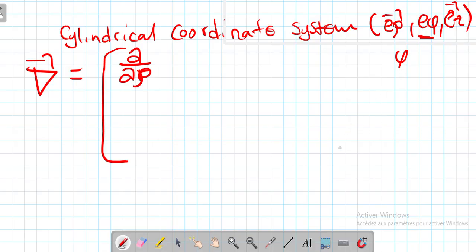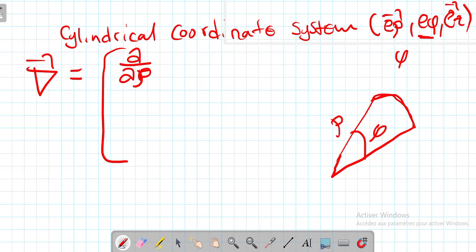When you look at the coordinate systems, you find that rho is associated with phi. So we will not deal with the angle, we'll deal with the arc length. If you want to find this arc length, you simply multiply the radius by the angle.